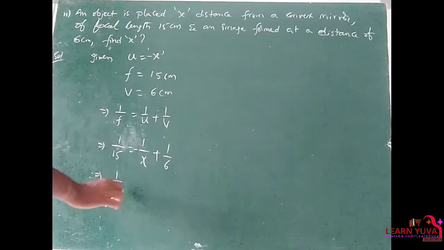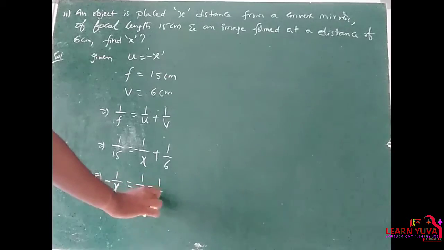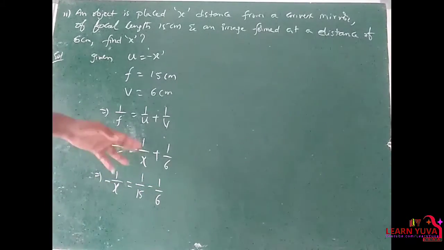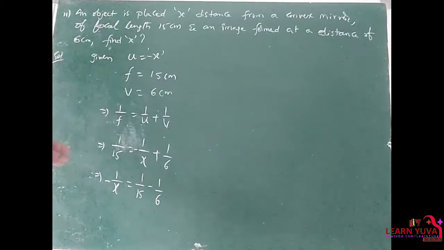Minus 1 by x is equal to 1 by 15 minus 1 by 6. Because we need this value, we send plus 1 by 6 to the left hand side, that becomes minus 1 by 6.